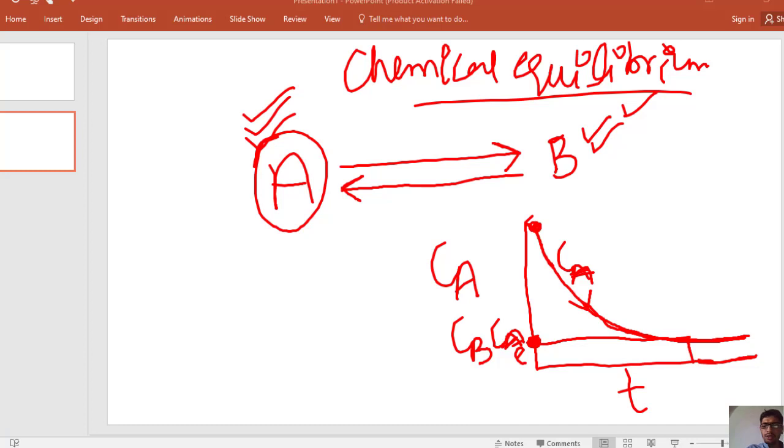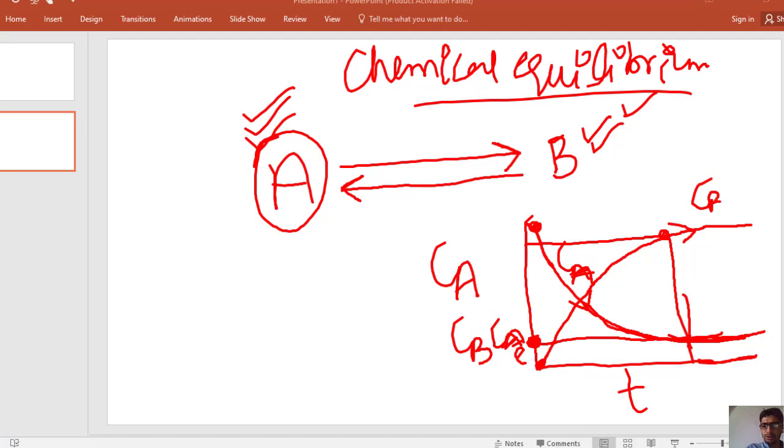Similarly, at the start there was no B, so the concentration of B was 0 at the beginning. When the concentration of A decreased, the concentration of B increased with the passage of time. After a certain time the concentration of A had decreased and the concentration of B had increased, and at that time the concentration of B is called the equilibrium concentration.